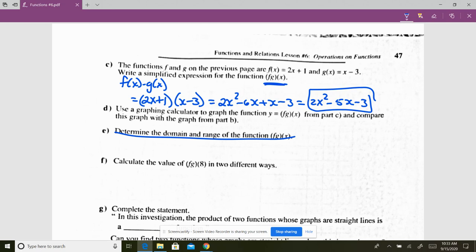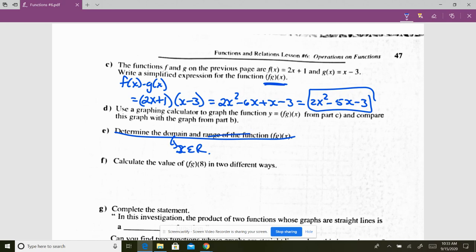Although, what type of graph is that? Parabola. What is the domain of every single parabola? All real numbers, yes. So I'm just checking. I'm not going to ask you that. We know that it would be x here. Okay, we're not doing range.